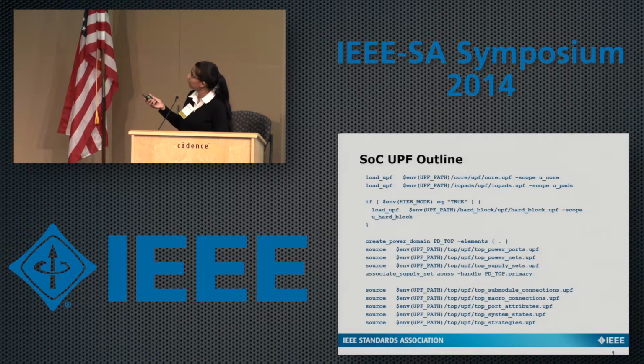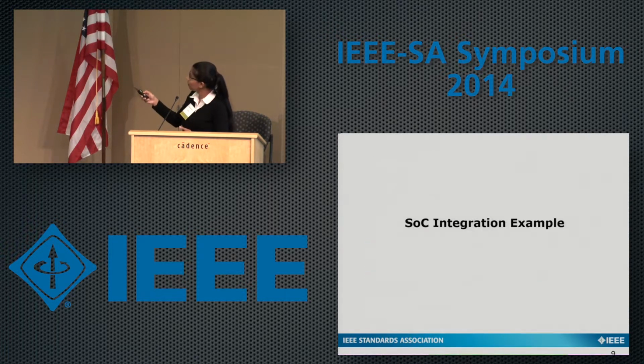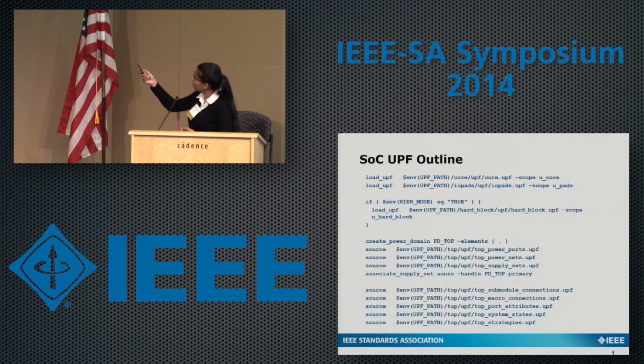In this case, I have a UPF file called core.upf, and it resides in a certain disk, and you load it and you define the scope, which is the HDL hierarchy to which that UPF applies. You had maybe a UPF for I/O pads, and the IOs have their own UPF, and you could load the UPF for that.